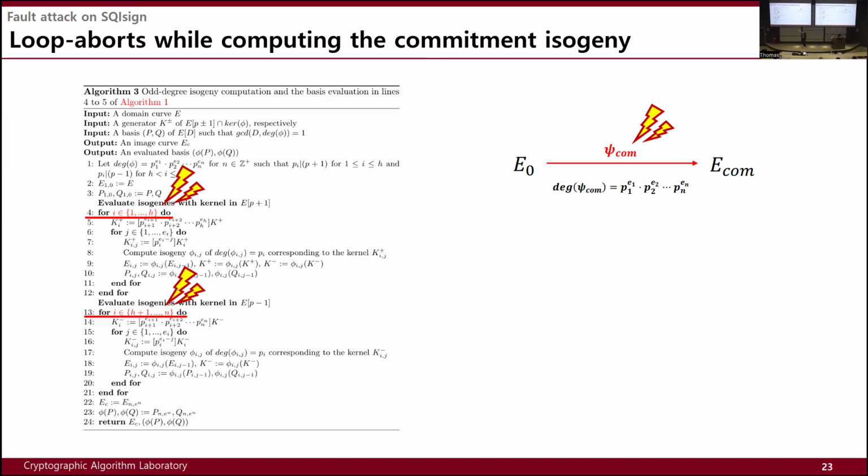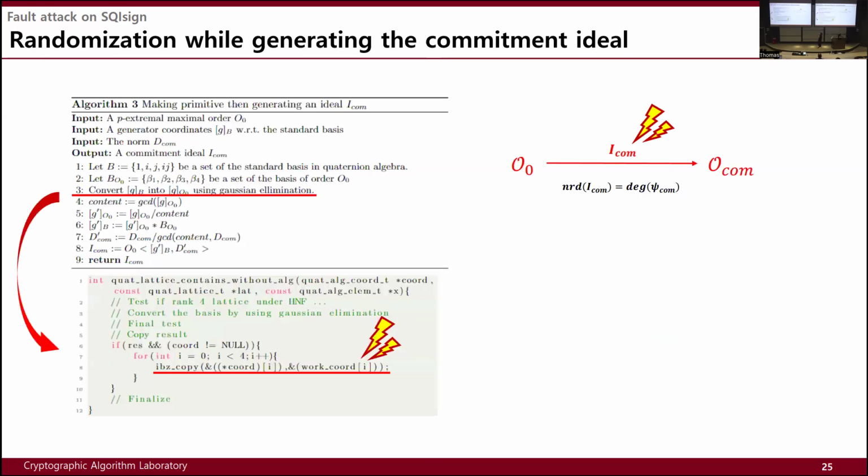But they use a single continuous index i. When the attacker injects a fault into the commitment curve, he can induce a faulty commitment curve with a lower degree. This is the loopable vulnerability while computing the commitment isogeny.